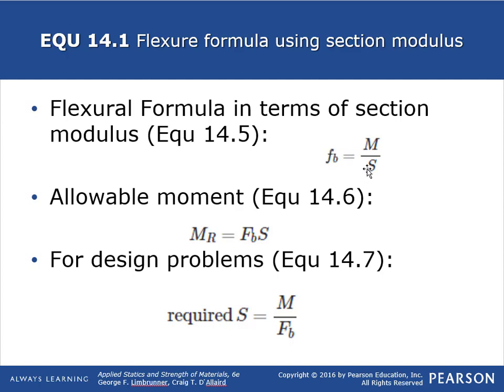That is, the stress equals M divided by S, which is the section modulus. And then the allowable moment for that equation would be MR equals FB times S. And then for design problems, our required section modulus equals the moment divided by the bending stress. That is the maximum allowable bending stress.